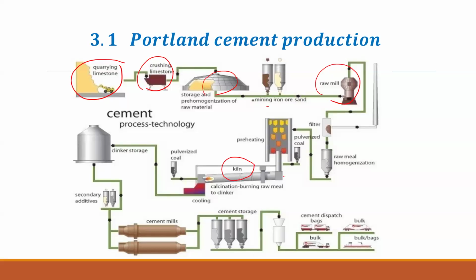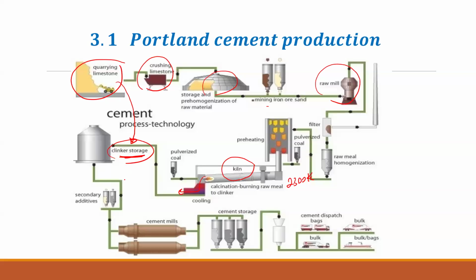This kiln will go to a very high temperature, 2300 kelvins or something like that. In the kiln, the limestone is burning, and when we burn the limestone at a very high temperature, some reactions happen inside it, and the outcome is the clinker.